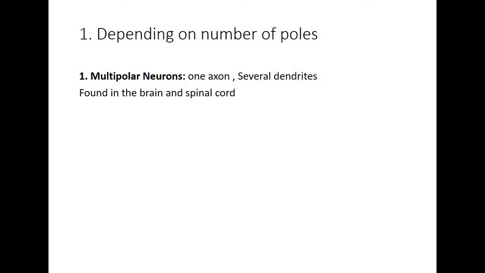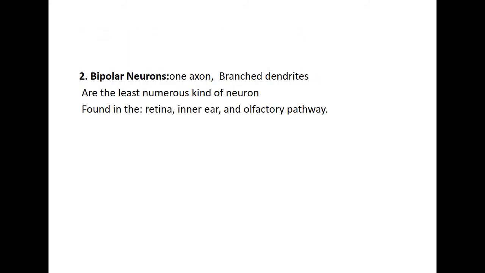Multipolar has one axon and several dendrites, and they are abundantly found in the brain and spinal cord. The bipolar neuron has one axon and branched dendrites and 2 poles, and they are the least numerous kind of neurons, found in particular locations like the retina, inner ear and olfactory pathway.